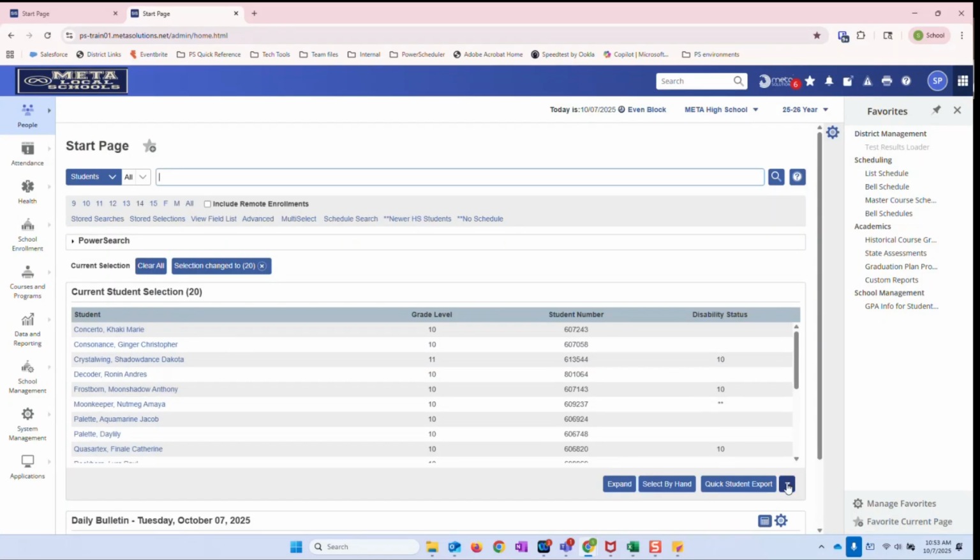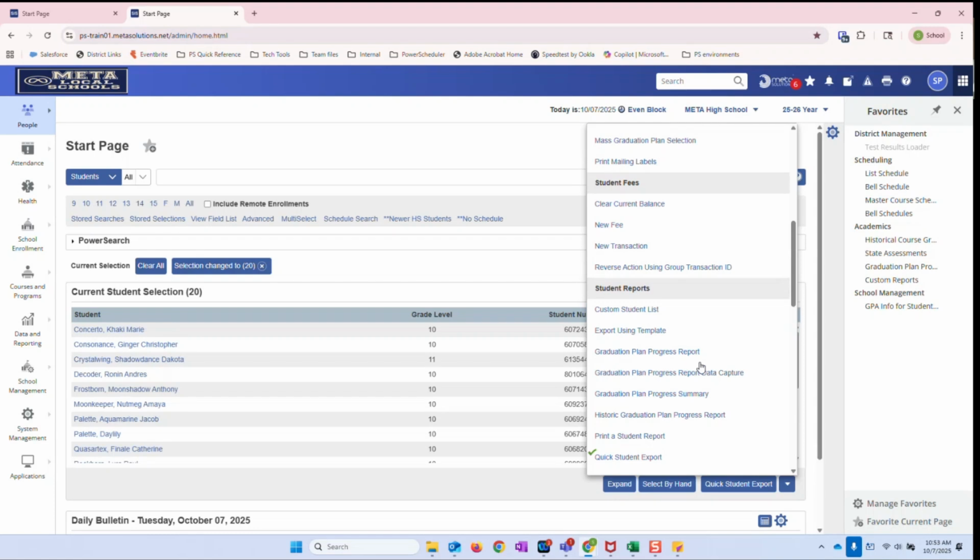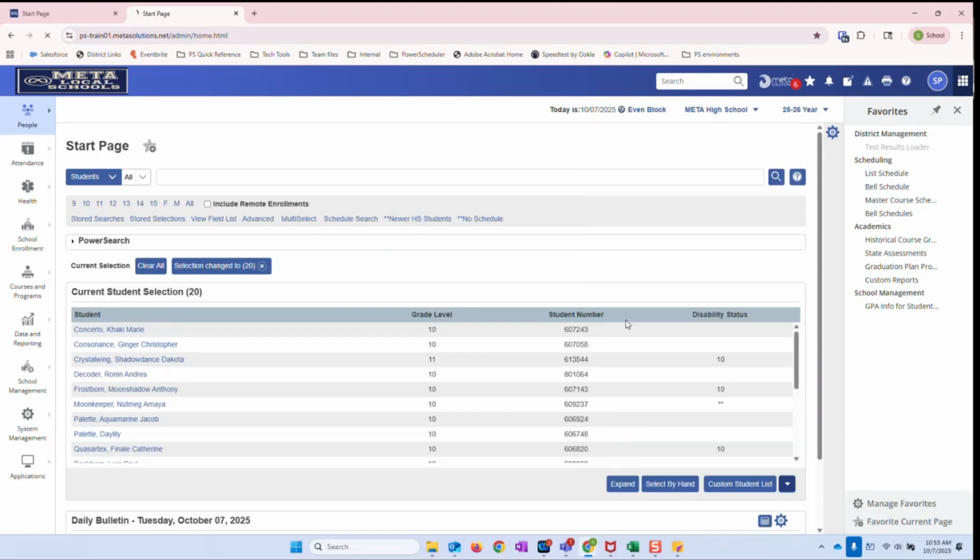From your group actions menu, under student reports, the custom student list or quick student export are fairly commonly used ways of pulling both static student fields, but also data access tag codes such as GPA. I will start off with my custom student list here.